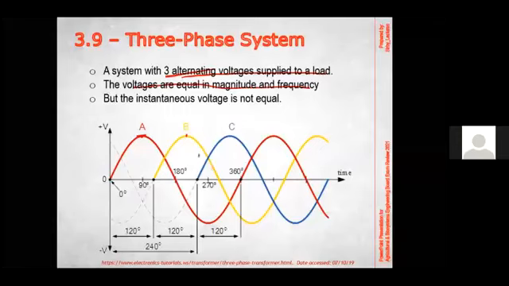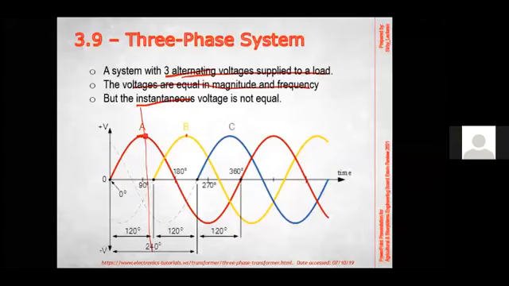Okay, but the instantaneous voltages are not equal. When we say instantaneous, we are referring to an instant or a point in time. So what's the voltage from A, what's the voltage from B, and what's the voltage from C?